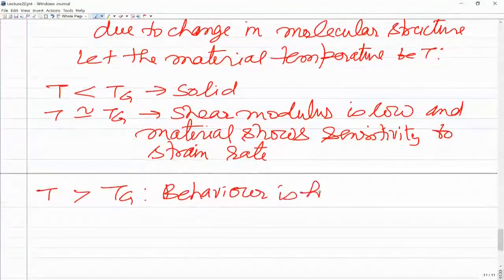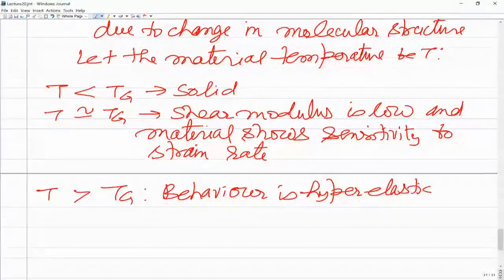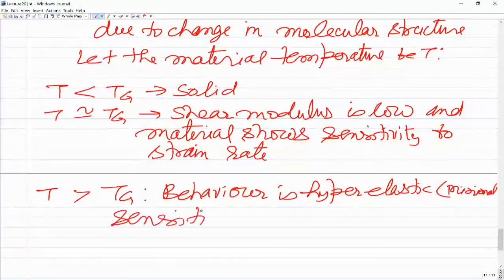That means it undergoes elastic deformation up to very large strains, 200%, 300%, 400%, and so on.